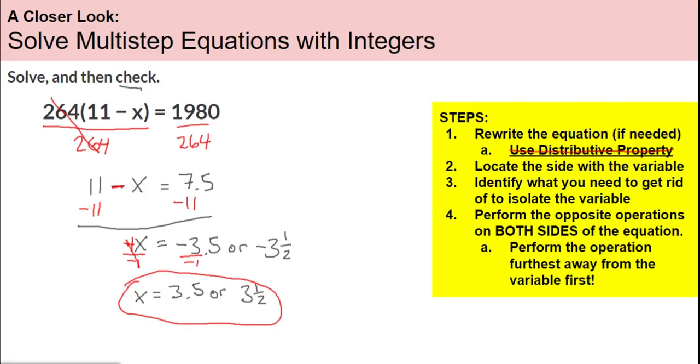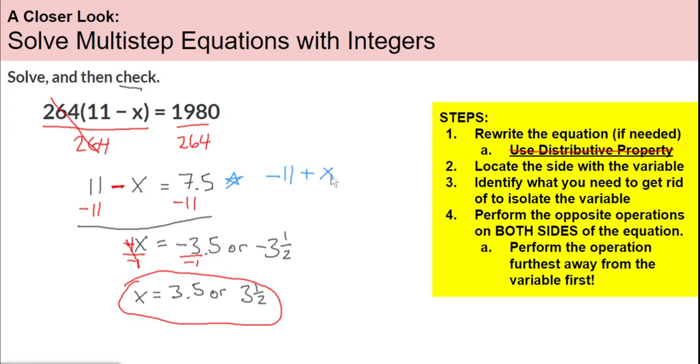And now, maybe in the beginning, or maybe even on this step right here, you can kind of rewrite it. You're like, oh, I know that's going to be negative x. So you know what I'm going to do? I'm going to make everything the opposite. So really what we're doing is timesing by negative 1. That means the 11 becomes a negative 11 plus x.